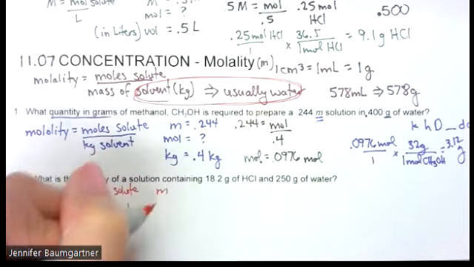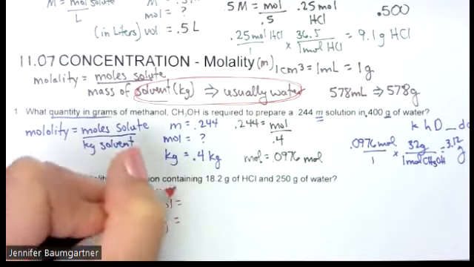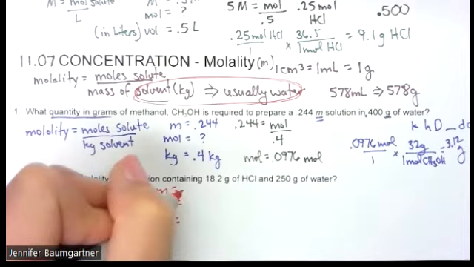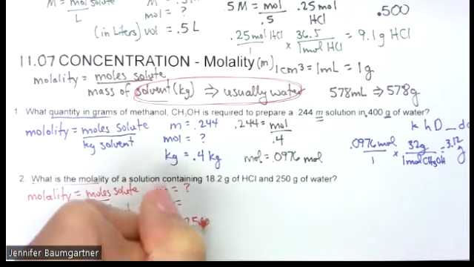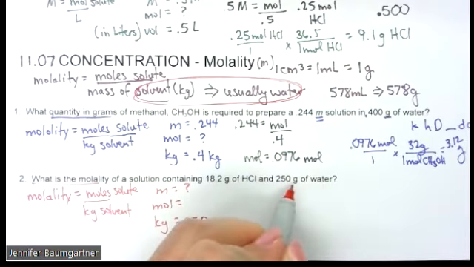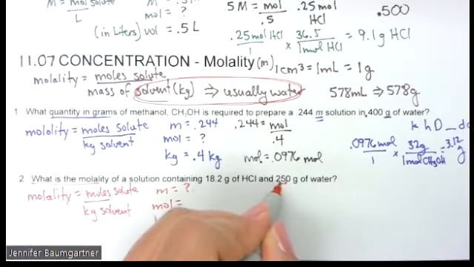So I've got molality, I've got moles, and I've got kilograms. What is the molality? Well, I'm solving for that. The kilograms I have, again, it gives me in grams instead of in mils, but if it said 250 mils, I would have to put a 250 down here.